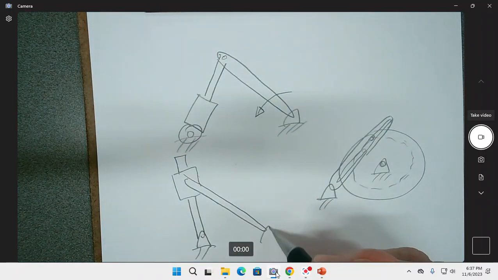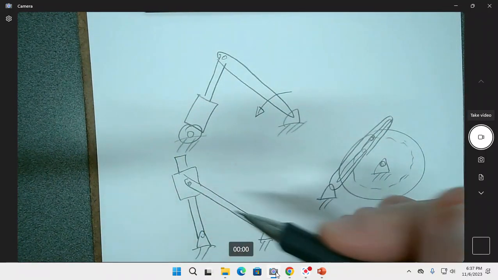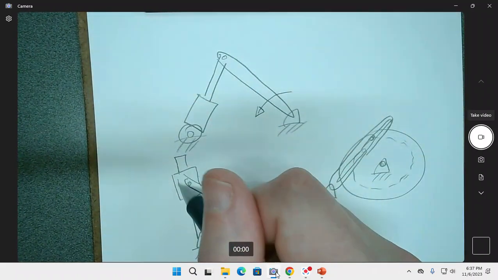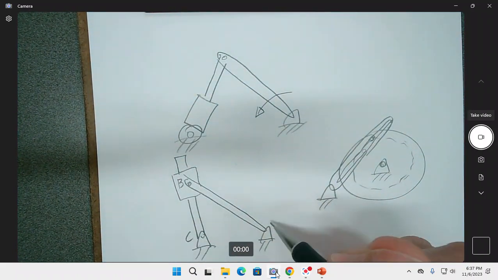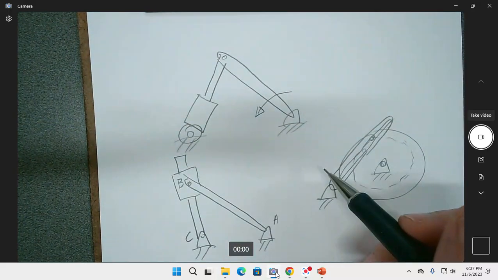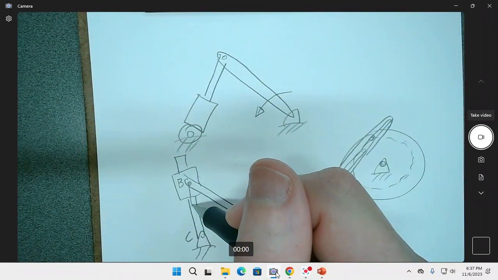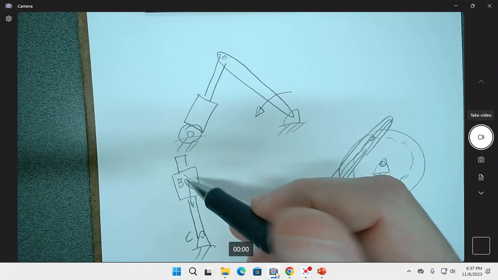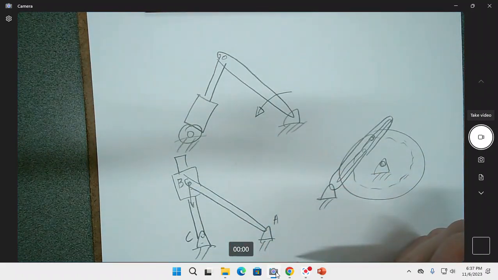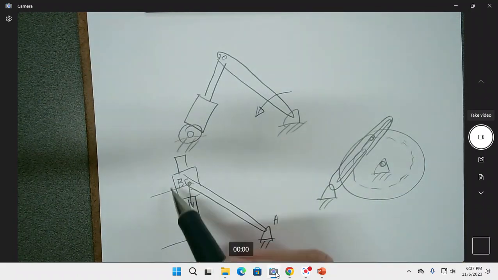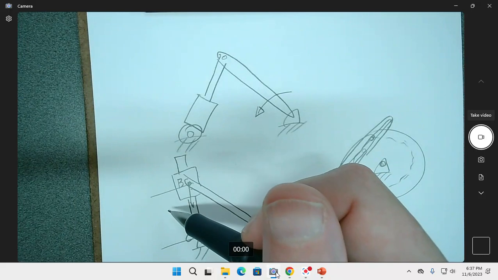So that relative velocity of B with respect to C, is that just the velocity of B? No. This is moving either towards or away from B with respect to C. Oh, so we have to restrict it. It's getting shorter. That distance right there changes.